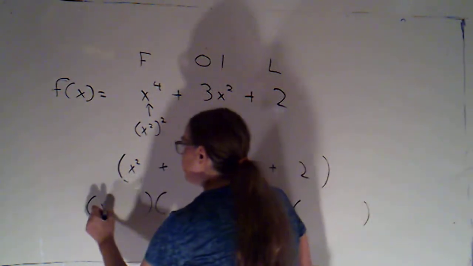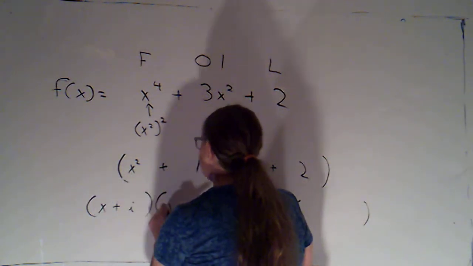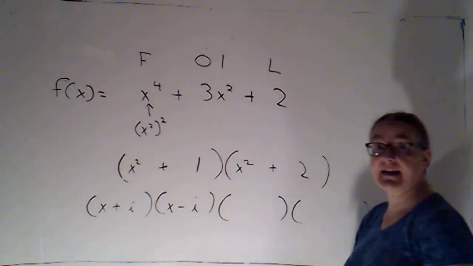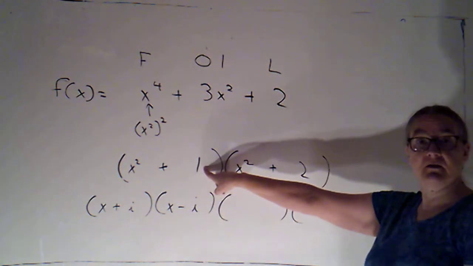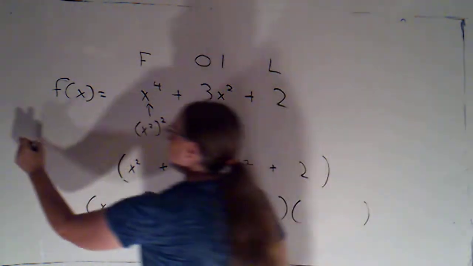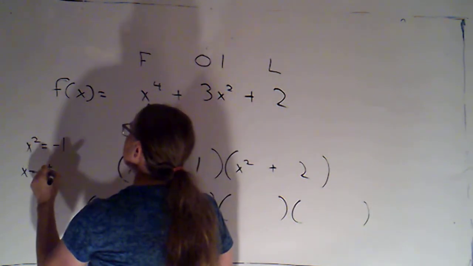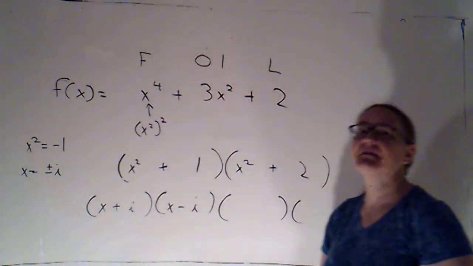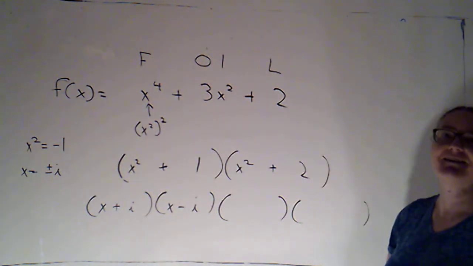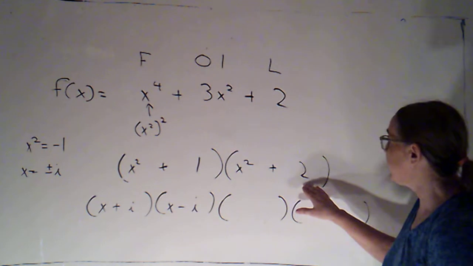So here, this would be x plus i times x minus i. Because, of course, the 2 zeros would be, if x squared has to equal negative 1, x has to be plus or minus the square root of negative 1, which is i. Same thing here.